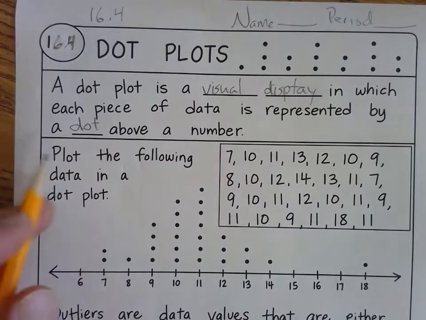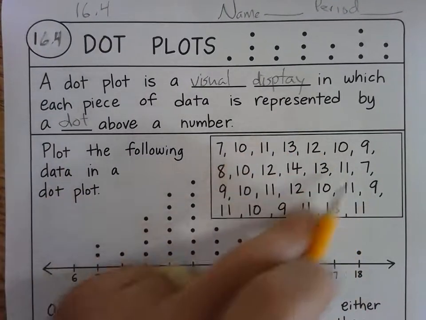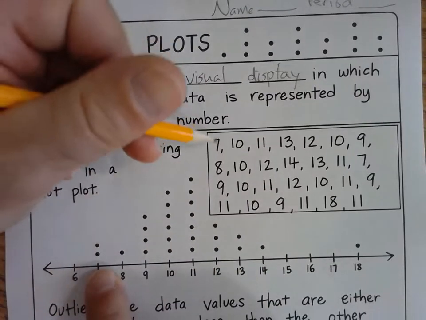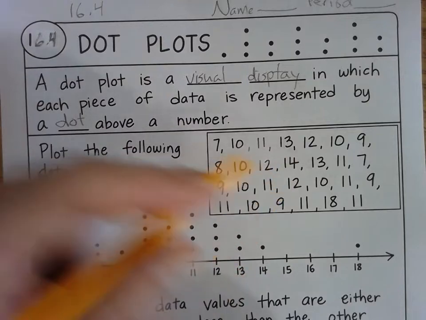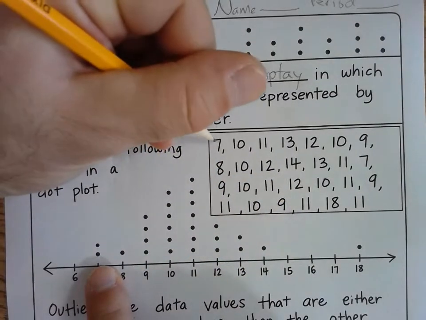Okay, so if we were going to plot the following data in a dot plot, I have all my numbers over here, remember you go one at a time and you would just make a dot for each one of these numbers that you have. So I have two dots here. That means I should have two sevens up here, okay?